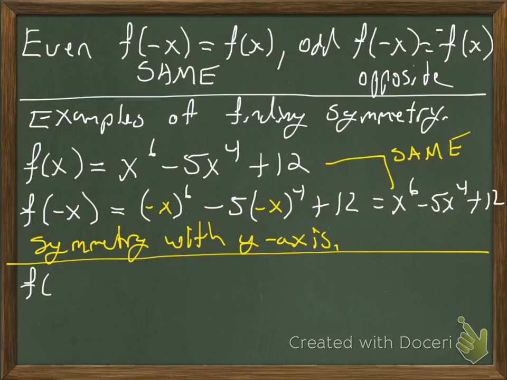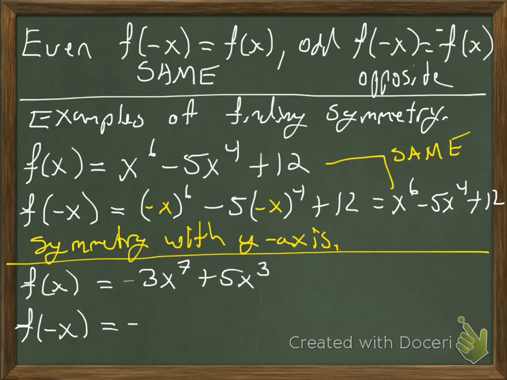Okay, so let's look at another one. f of x is equal to negative 3x to the 7th plus 5x cubed. So f of negative x is equal to negative 3, parentheses, negative x to the 7th, plus 5, parentheses, negative x cubed. And we'll plug in negative x. 8 negatives makes a positive.